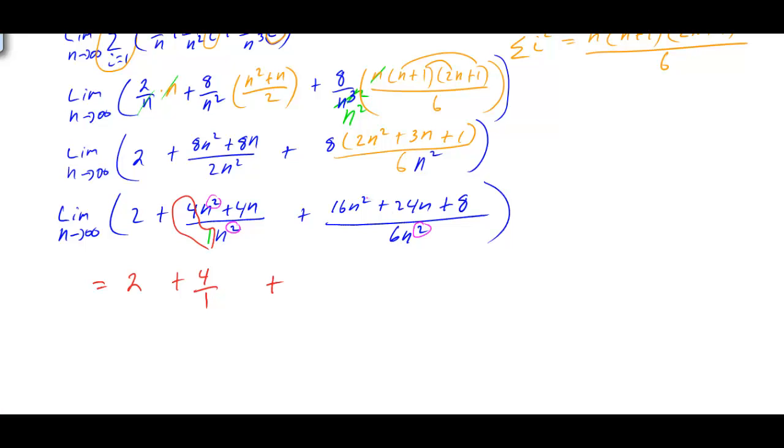We have an n squared and n squared on top. That's the largest exponent. So we take the ratio of the coefficients, 16 over 6. And if we add these all up, we will end up with 8 and 2/3 for our answer.